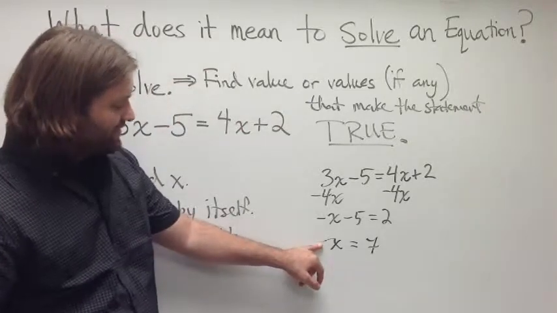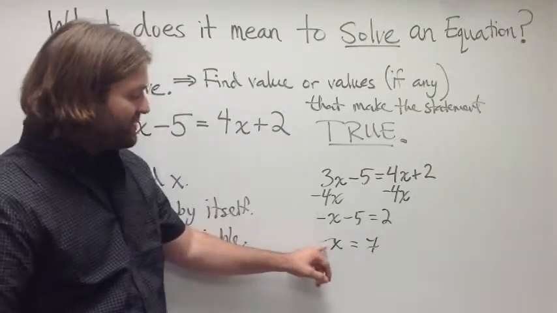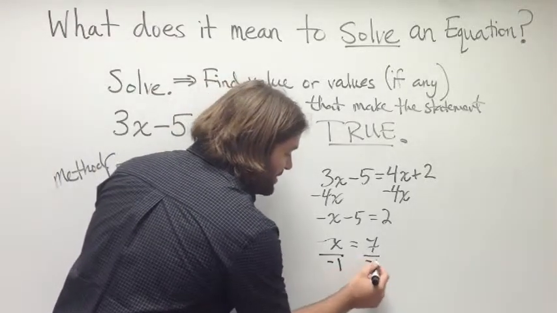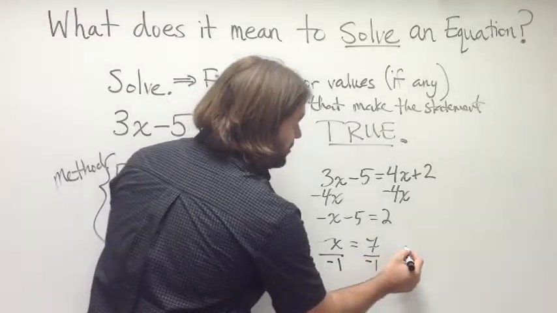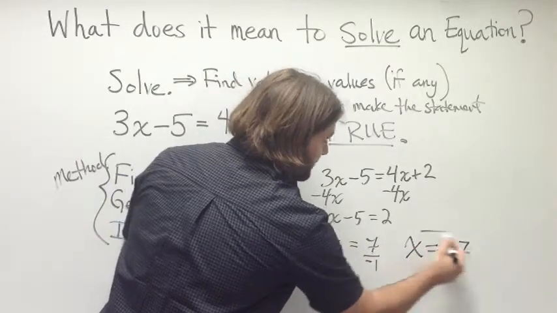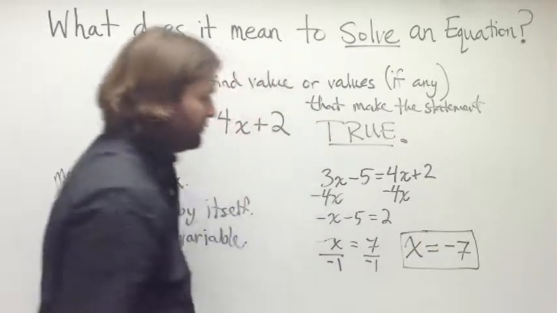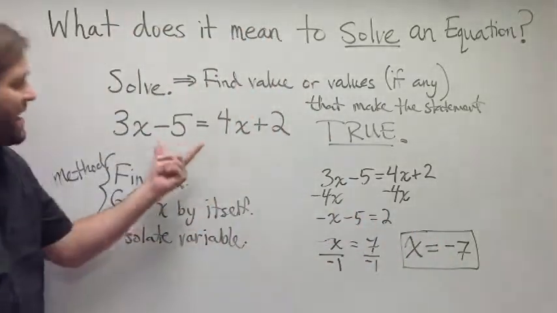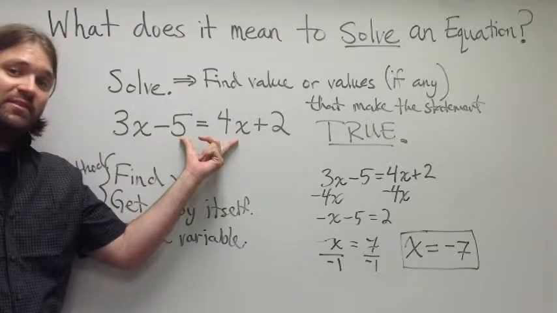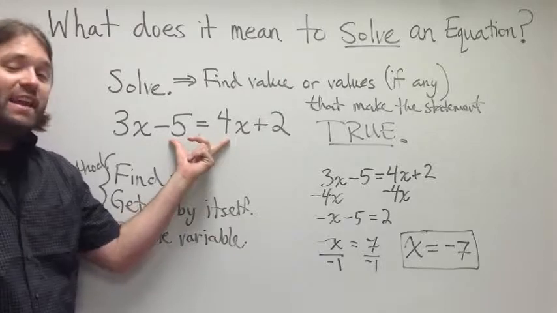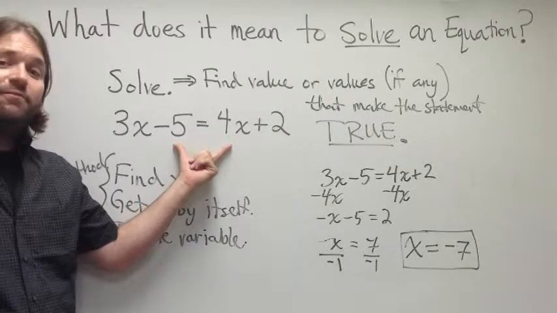And then finally, since this is negative x is equal to 7, dividing both sides by negative 1 will give us the answer. So our solution is that x is equal to negative 7. Negative 7 is the only value that will make this a true statement. It's Daniel Radcliffe, right? Any other number is going to make it false.